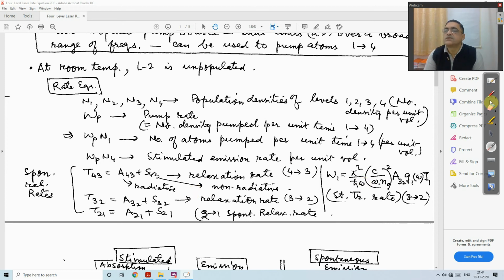As we have studied earlier, W1 is pi square by h cross omega.